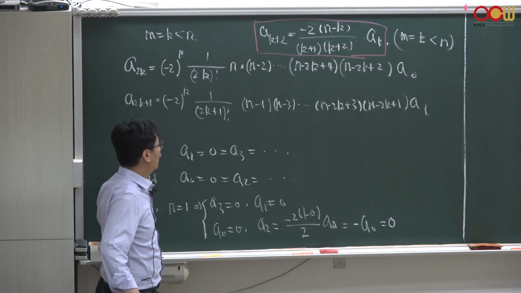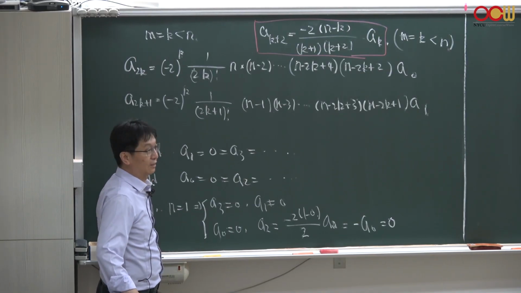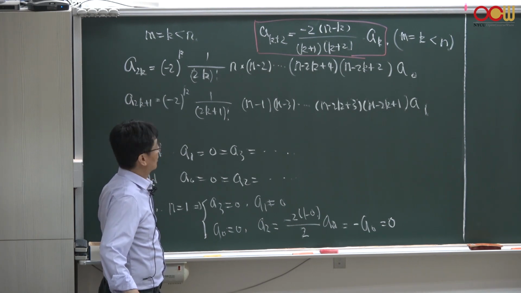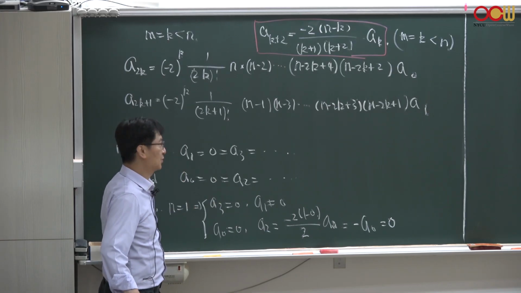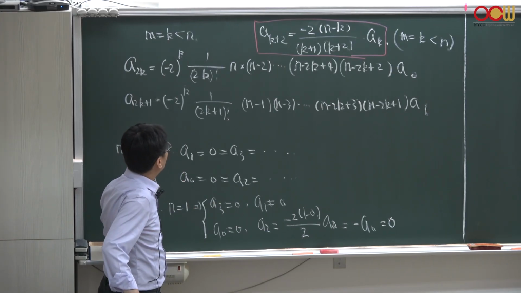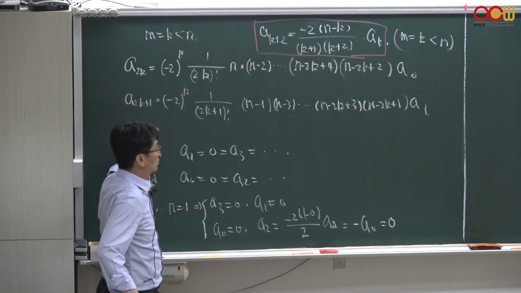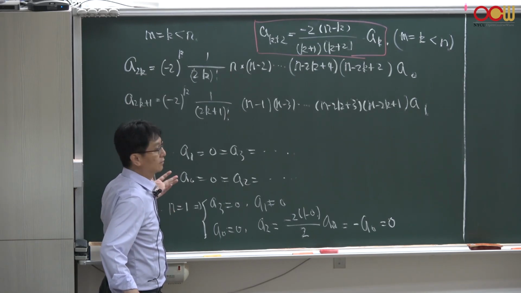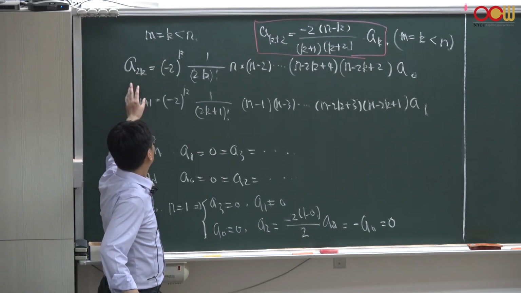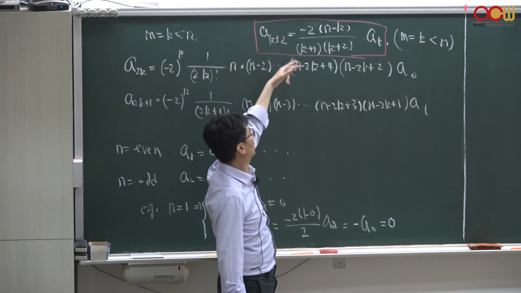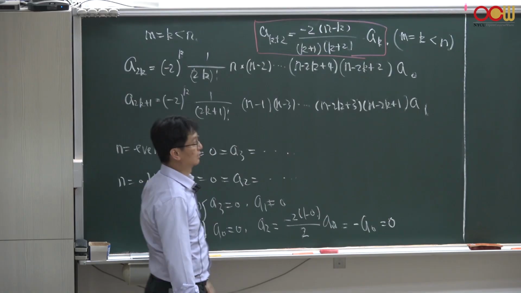This allows us to derive all these coefficients one by one, starting from the term right before the truncation. Suppose the truncation term is a n, and therefore a n plus 2 is 0, but you can use this recursive relation to derive all the terms.